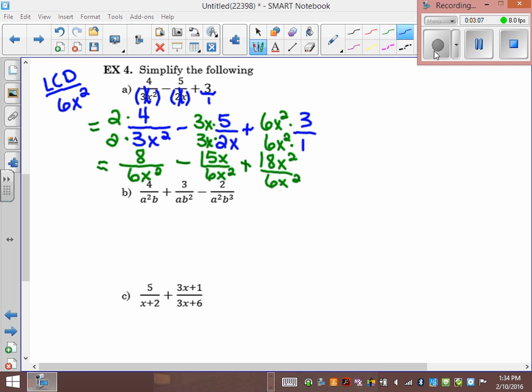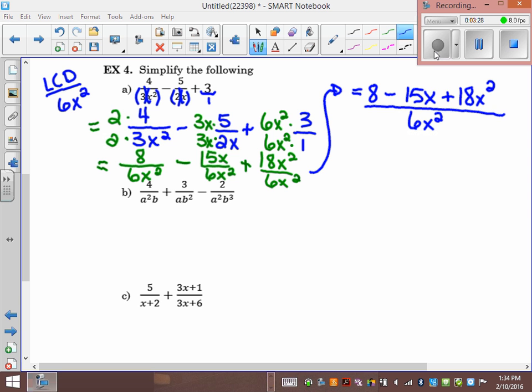Now that we have them all over 6x squared, we can take our denominators, put them together, and write it all over 6x squared, just like we did before. So all over 6x squared. And then we have 8 minus 15x plus 18x squared.